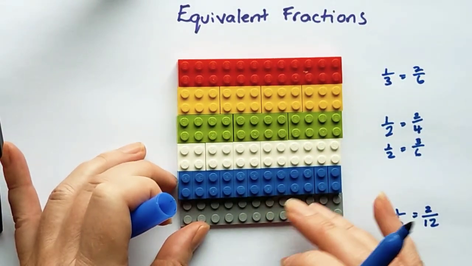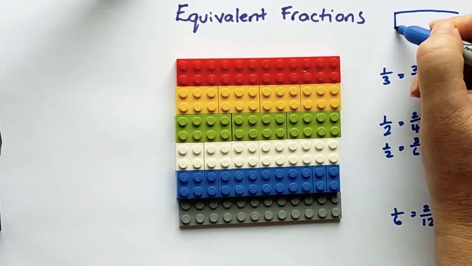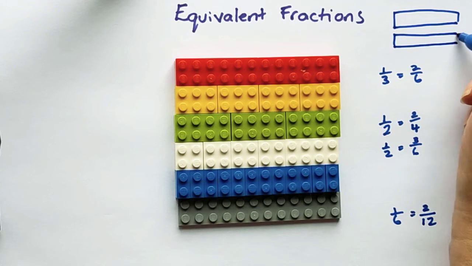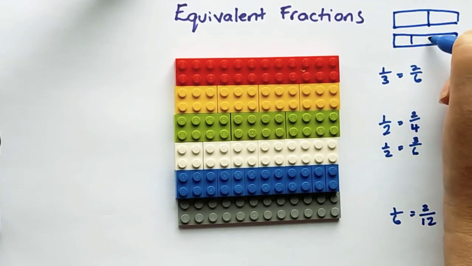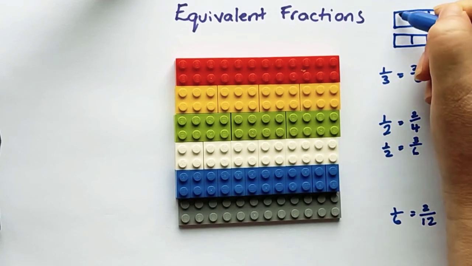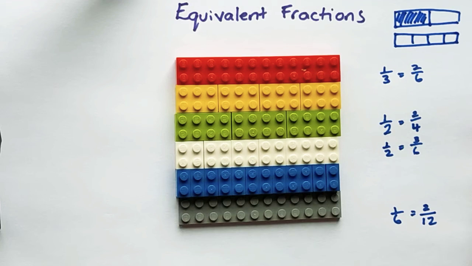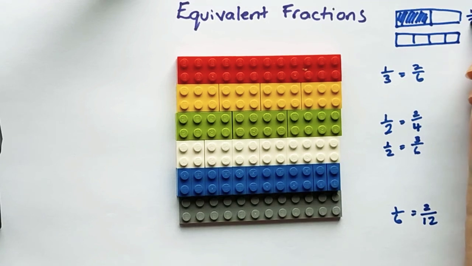Today you're going to get a worksheet, and in your worksheet it will have 2 diagrams sitting on top of each other, like so. The top one will be shaded in, and the bottom one will need you to make an equivalent fraction. So here we've got 1/2.